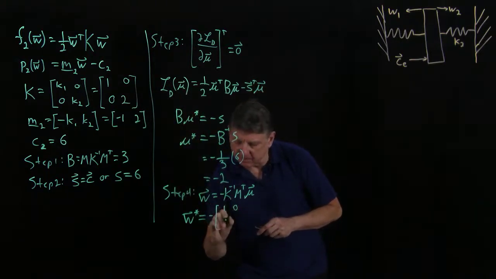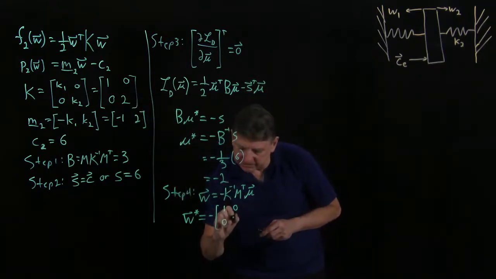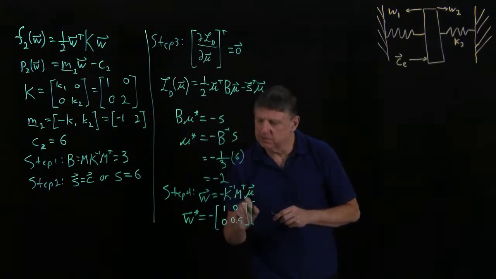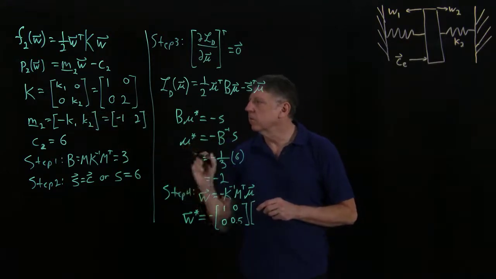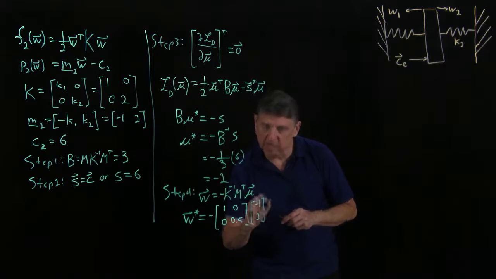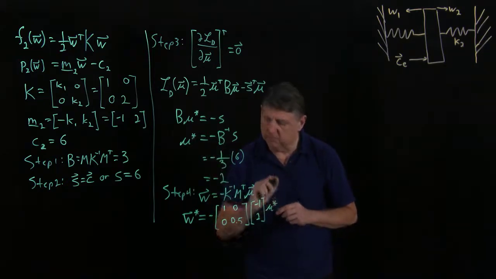We leave the off diagonals as 0, and the inverse of 2 is, I'll write that as 0.5. And then we multiply that by the transpose of our 1 form, so that is the vector minus 1, 2, and we multiply that by our optimal Lagrange multiplier.